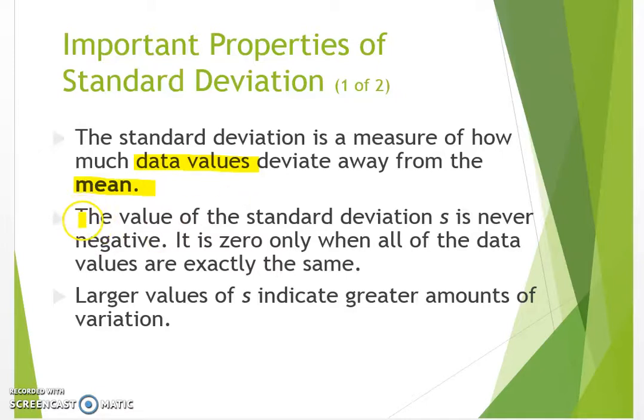The value of the standard deviation is never negative. It's always positive, and sometimes it's 0, only when all the values are exactly the same. When they're all the mean, then the standard deviation will be 0. It's kind of rare. A larger value of standard deviation indicates larger variation of the data set.